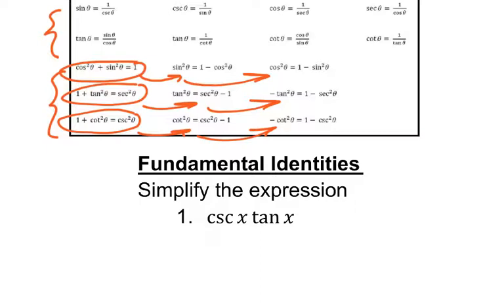And so let's look at number one. You have simplify the expression. This is considered to be a trigonometric expression. What we're going to do is replace one or more parts of this expression. So cosecant x is going to be replaced as 1 over sine x, and we'll also replace tan x with its quotient identity, which is sine x over cosine x.